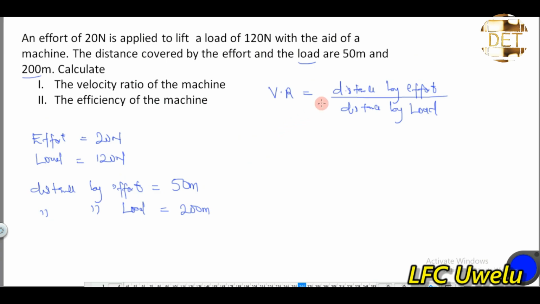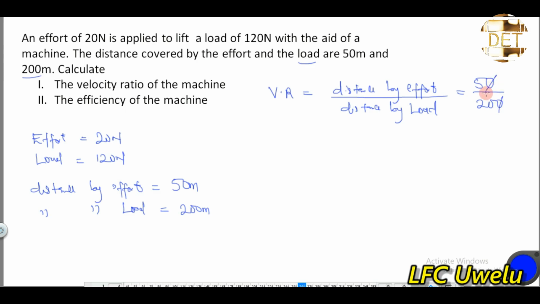Yes. Back to our calculation. So velocity ratio is equal to distance moved by the effort over distance moved by the load. The distance moved by the effort is 50 meters, so that is equal to 50 over the distance moved by the load, which is 200 meters.